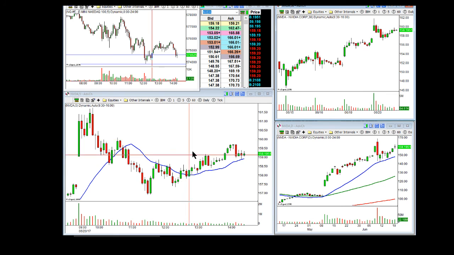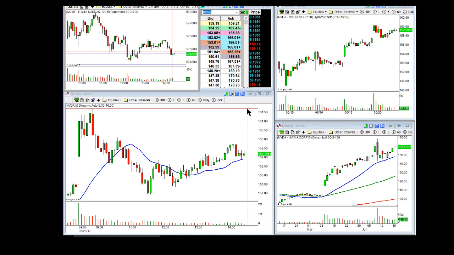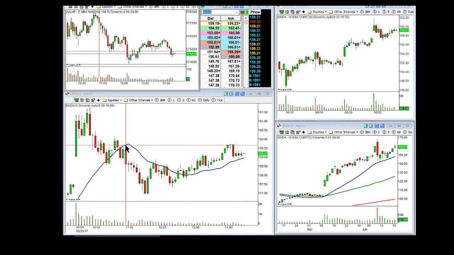So, and what I said before with the futures, if they were able to push through here, I'm sure NVIDIA would have been pushing up to new highs, and it would have been able to push through this resistance area right there, rather than pull back. So you can see the direct correlation, how the futures affected a stock that was acting quite well and was looking to push up.